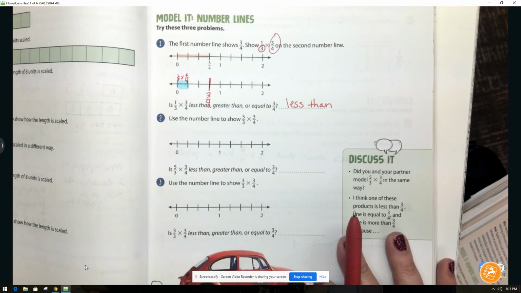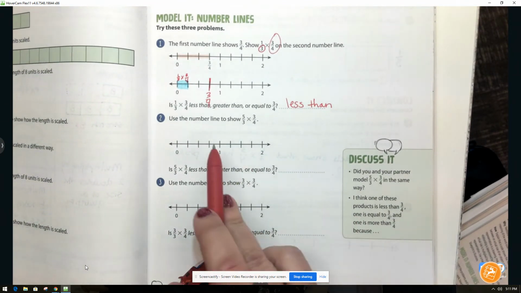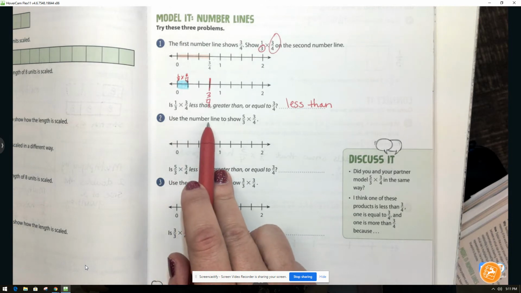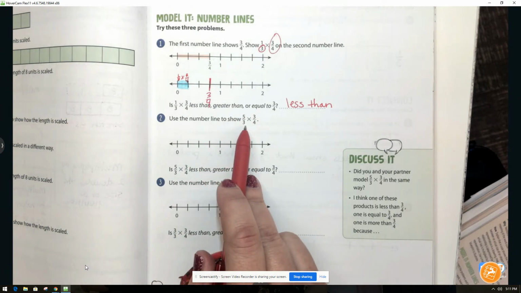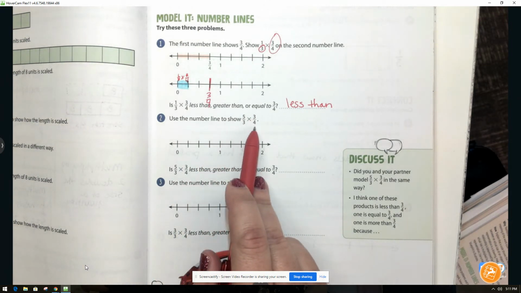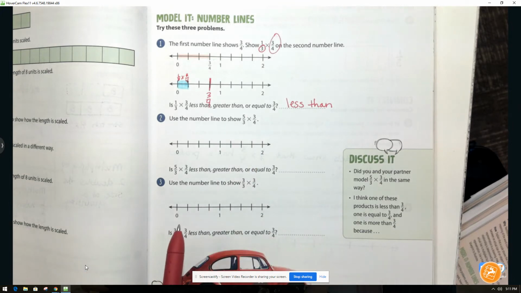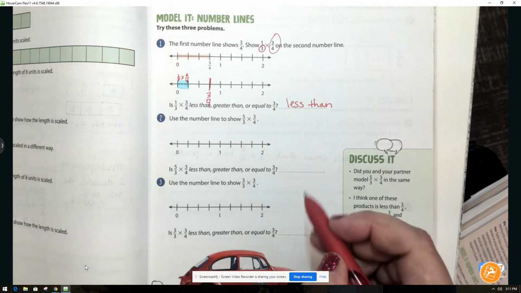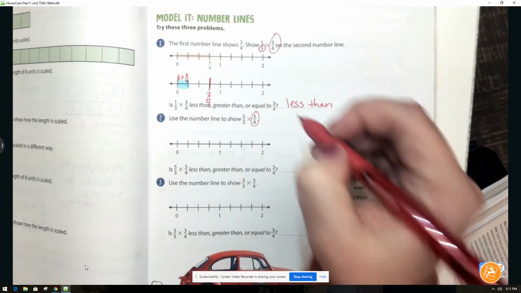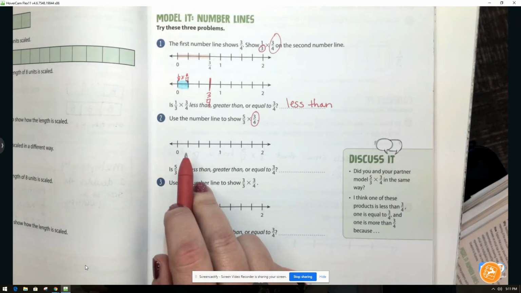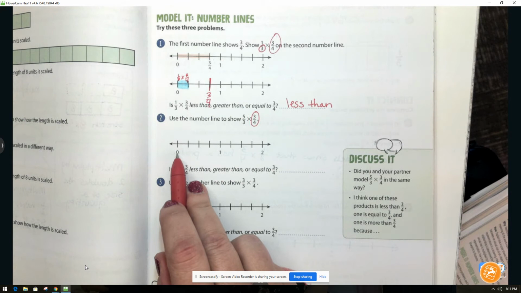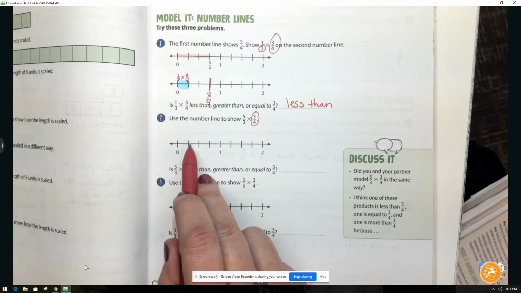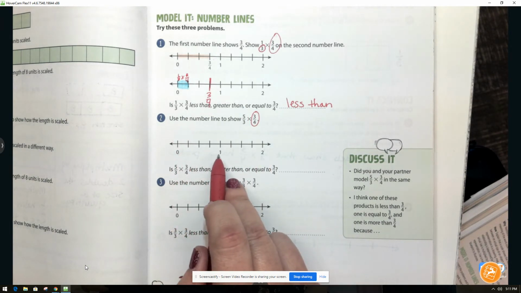Now let's go to number 2. Number 2 says, use the number line below to show 5/3 times 3/4. So the first thing we're going to do is we're going to find 3/4 on the number line. So we have a number line going from 0 to 2, and then 1 at the halfway point.